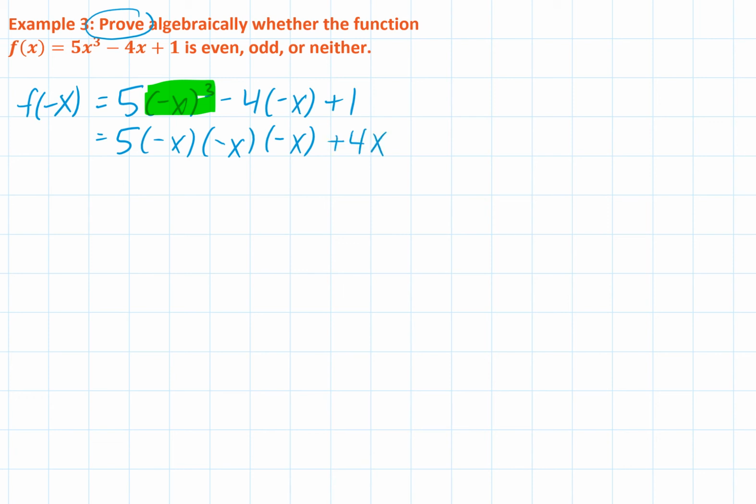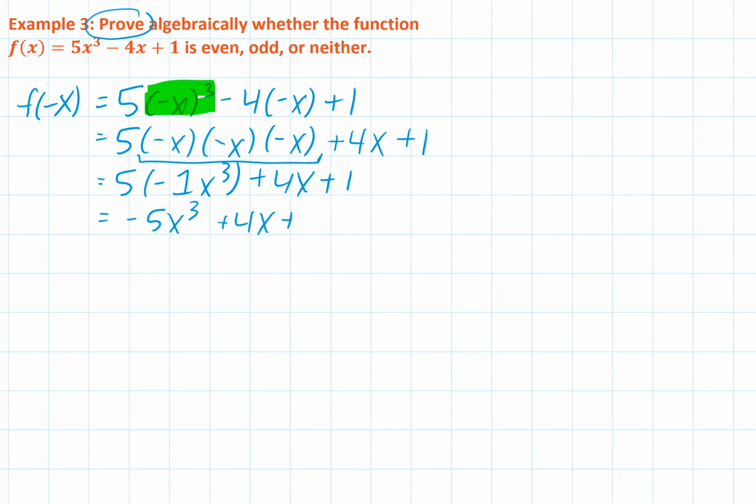Plus 4x, because if you're multiplying negative 4 by negative x, plus 1. So we get 5 times, this would be negative 1x cubed if we're multiplying negative x times negative x times negative x, plus 4x plus 1. So we get negative 5x cubed plus 4x plus 1.